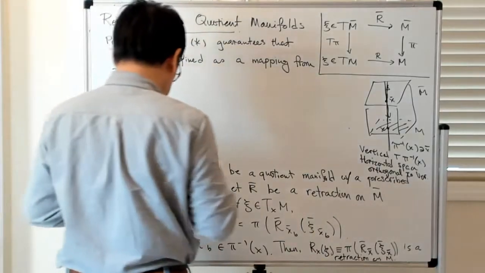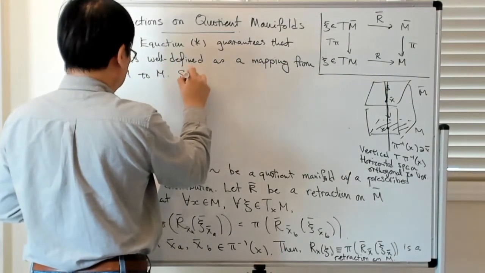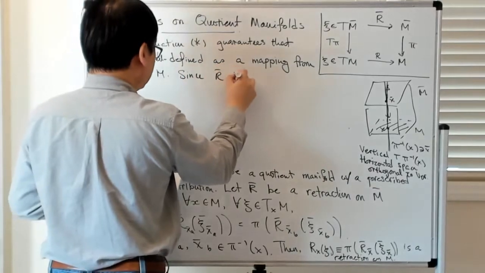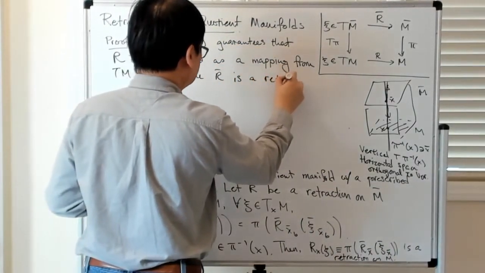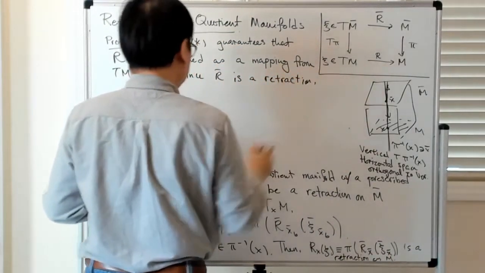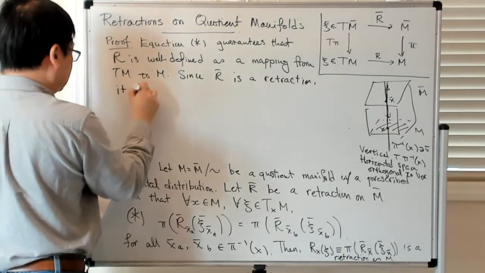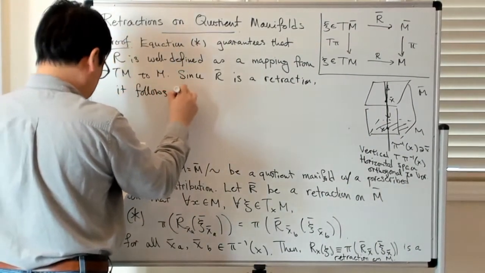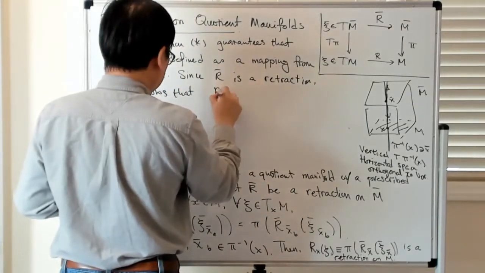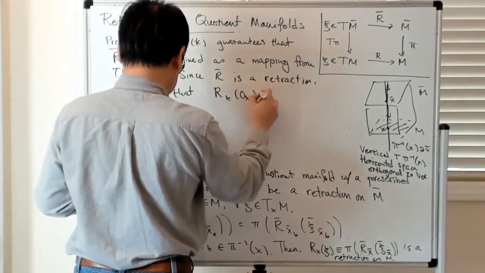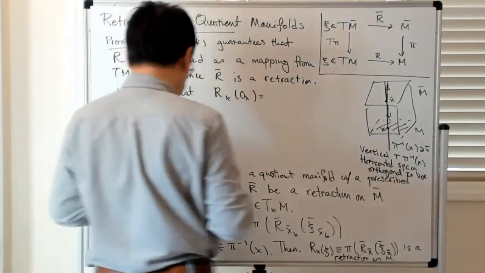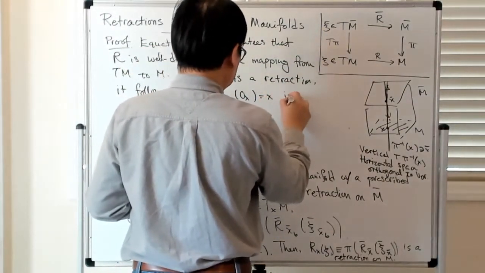Okay. So since R bar is a retraction, it follows that Rx of 0x is equal to x is satisfied.